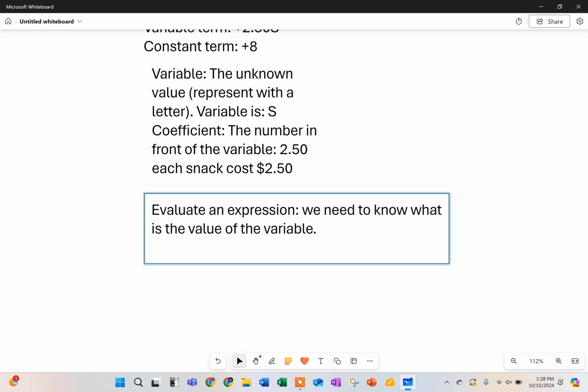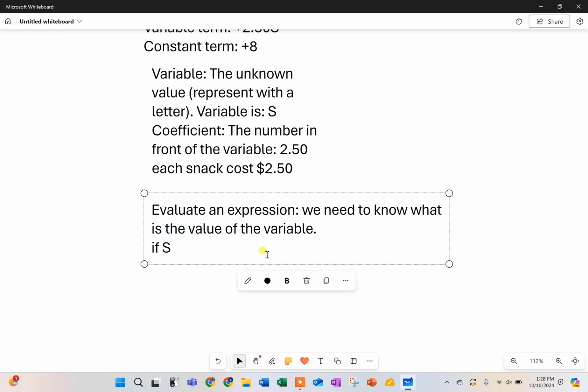So if S equals 0, then I would spend 2.50 times 0 plus $8, which means I would have spent a total of $8.